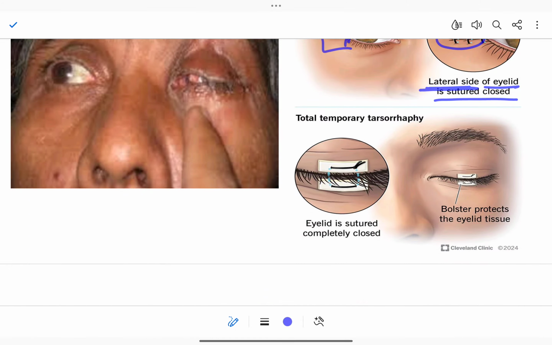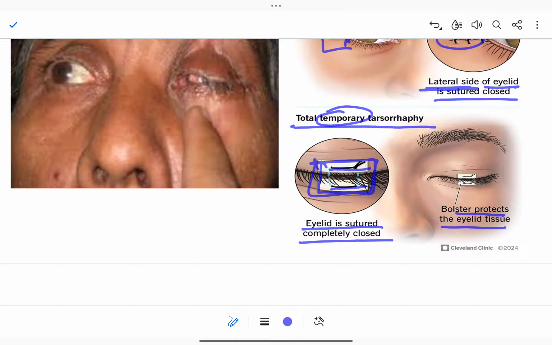This is total temporary tarsorrhaphy, but it is temporary. See, upper eyelid and lower eyelid totally closed. It protects the eyelid tissue; the eyelid is sutured completely to close it.